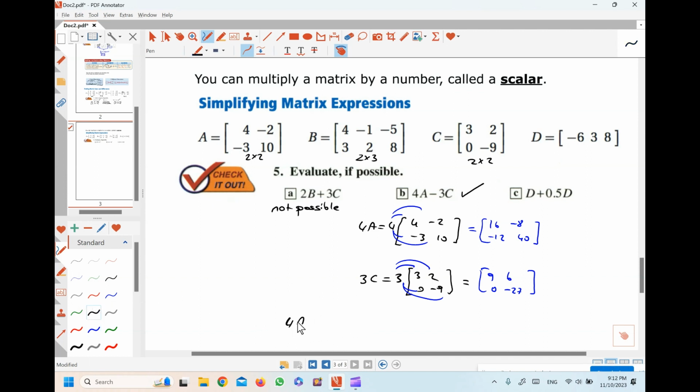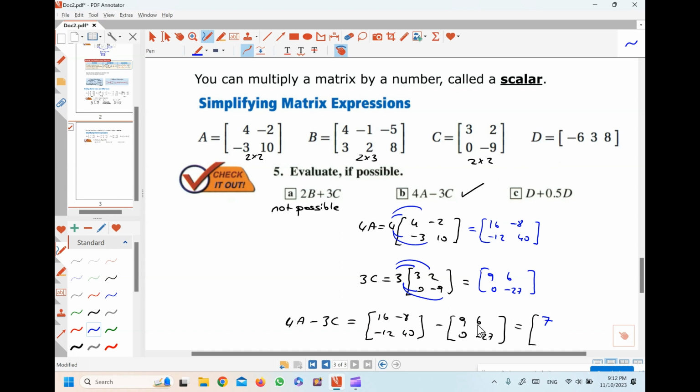4A minus 3C equals, let me write down the matrices again. 4A matrix is 16, negative 8, negative 12, 40, and 3C matrix is 9, 6, 0, negative 27. Now subtract the corresponding entries. 16 minus 9 gives you 7.